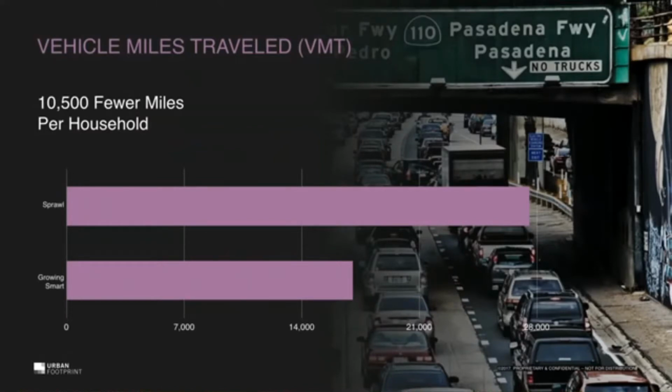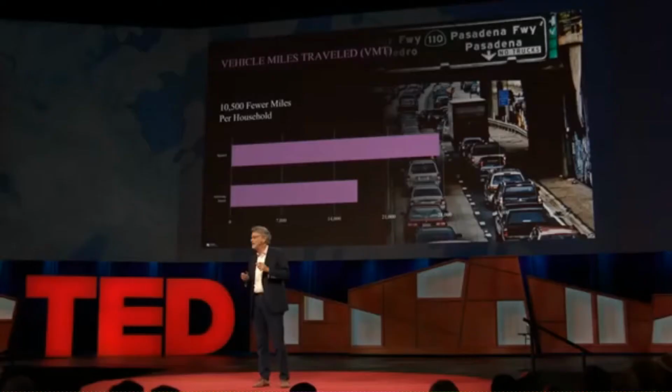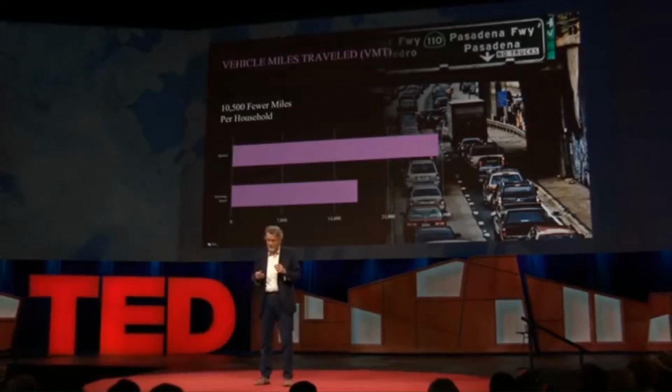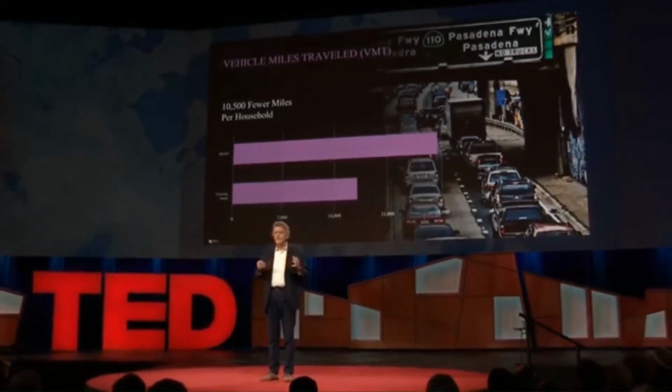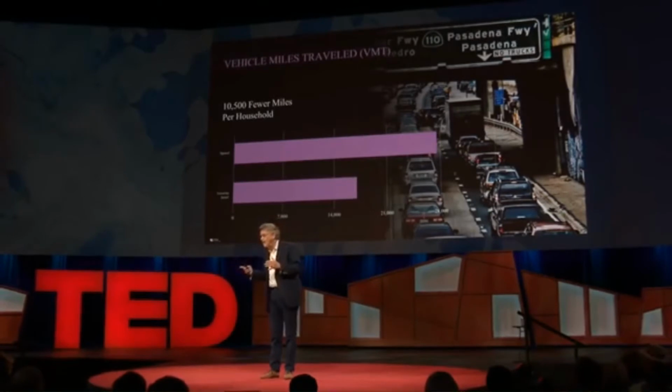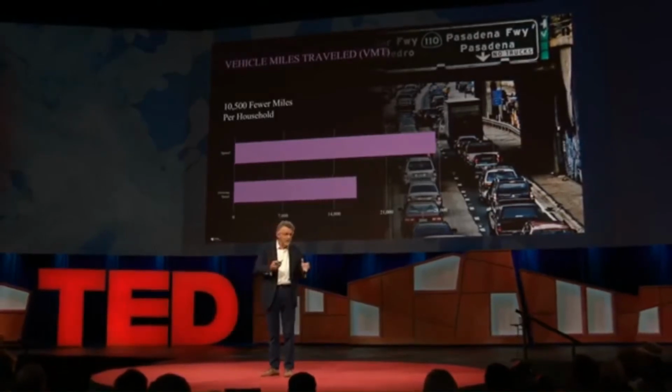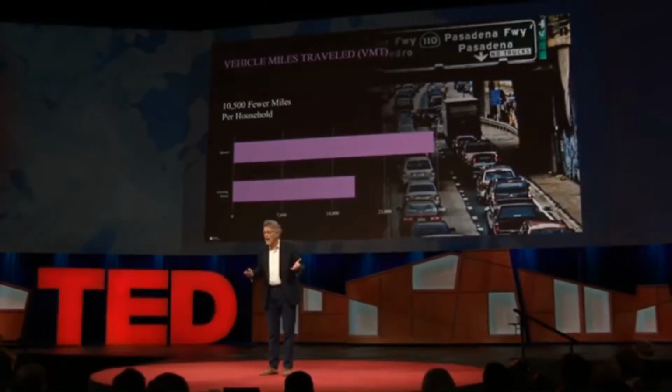Just reducing the average miles per household per year has a huge impact, not just on air quality and carbon, but also on the household pocketbook. It's very expensive to drive that much. And as we've seen, the middle class is struggling to hold on.